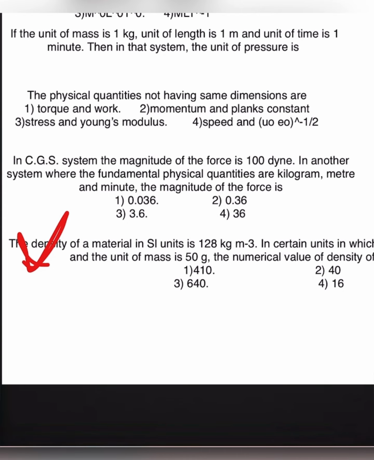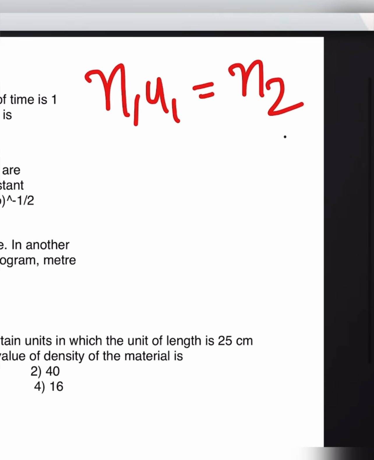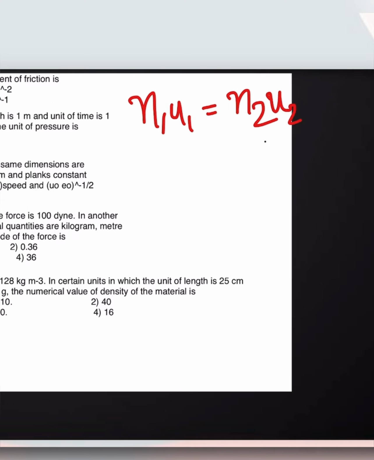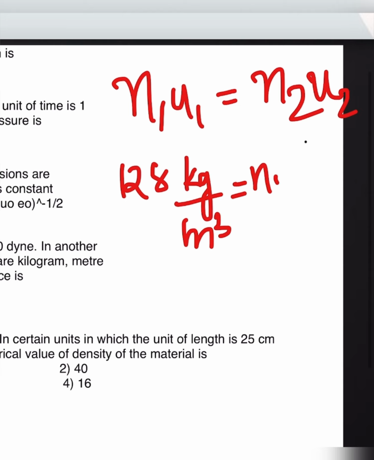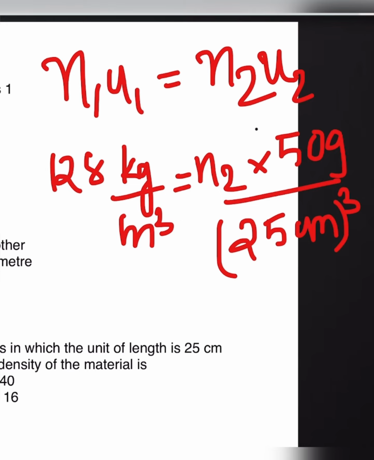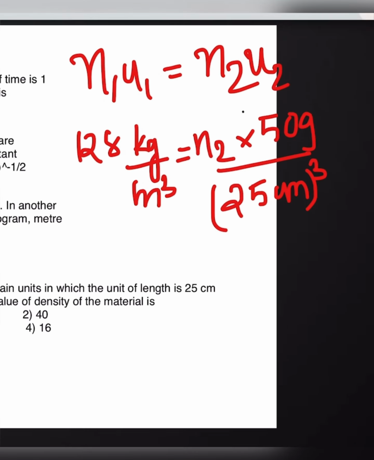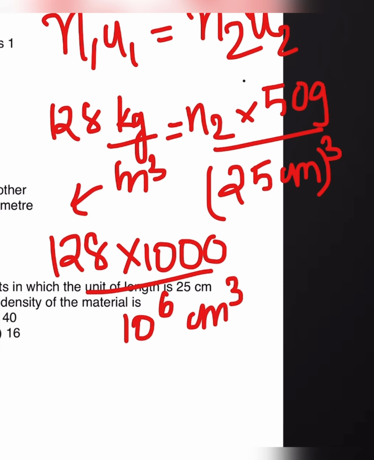Okay. Next question is the same type of question that we already did. That is n1 u1 is equal to n2 u2. n1 is equal to 128 kilogram per meter cube is equal to n2 into 50 gram divided by 25 centimeter the whole cube. 128 kilogram can be written as 1000 gram, and 1 meter is equal to 100 centimeters, so 10 raised to 6 centimeter cube.